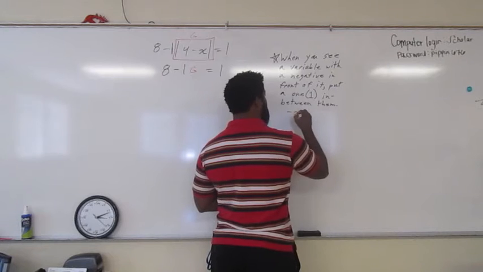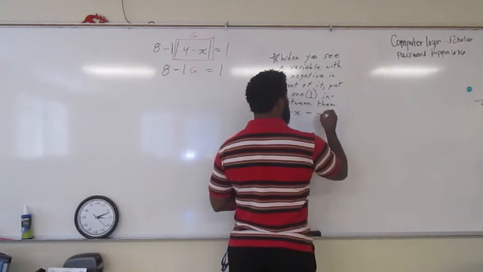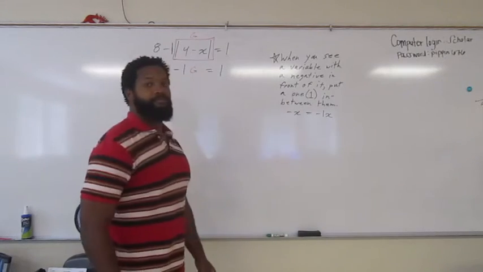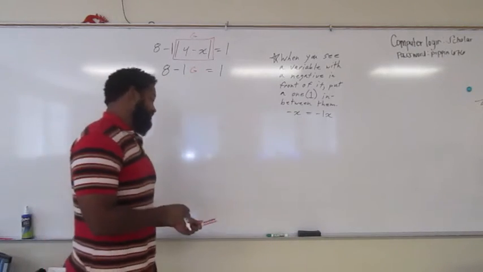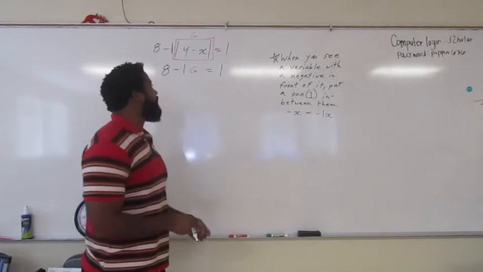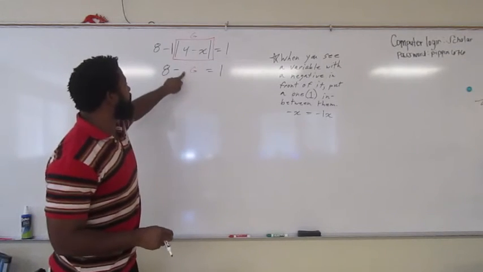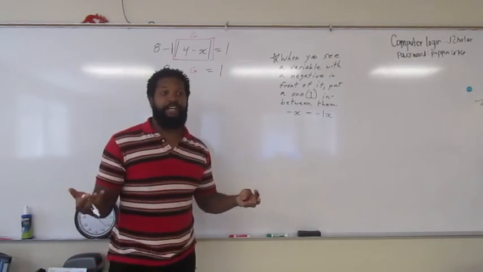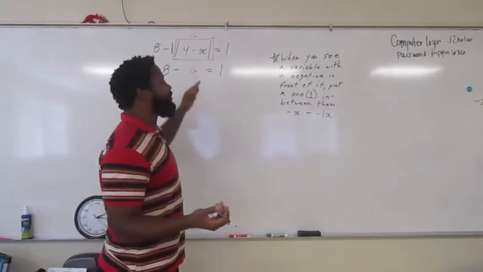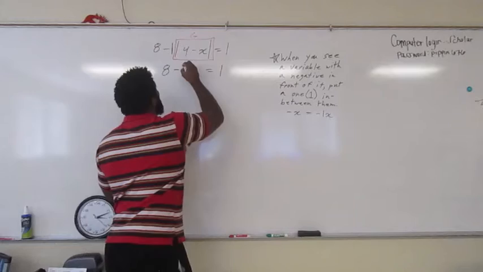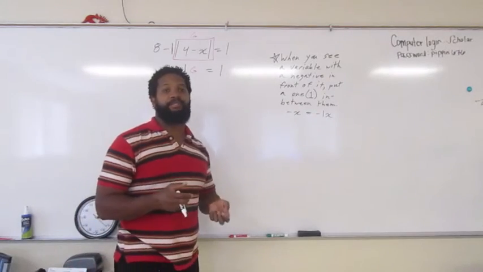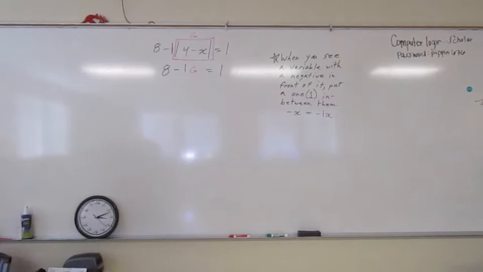Negative x is equal to negative 1x. Please, whenever you see a variable with a negative in front of it or a subtraction sign, any variable that's being subtracted, put a 1 in between them. Just put a 1 in between them, all right?